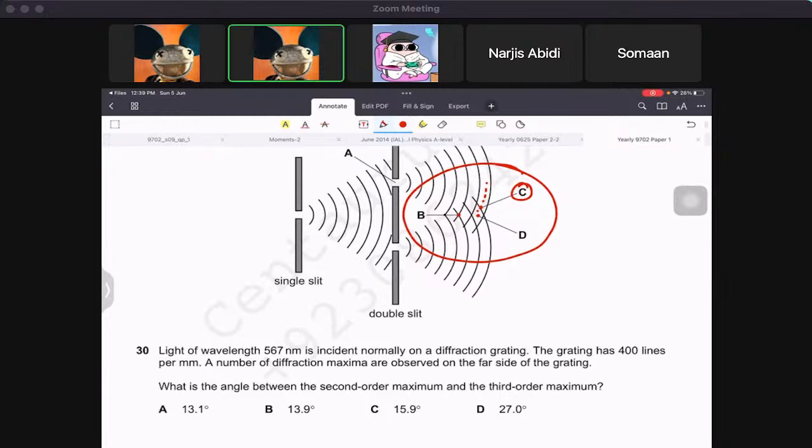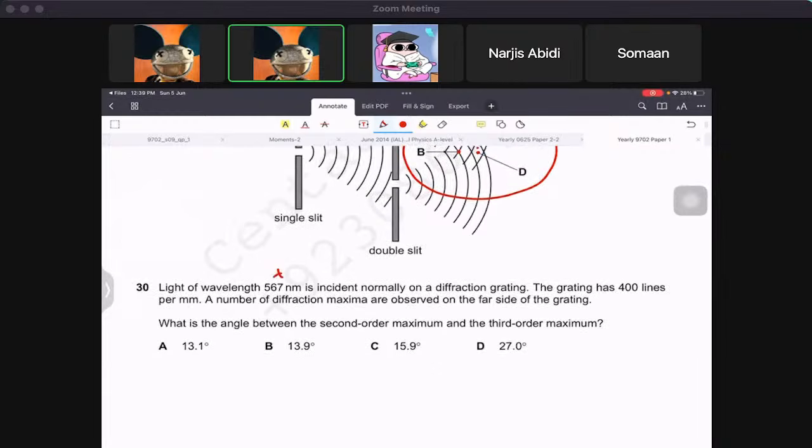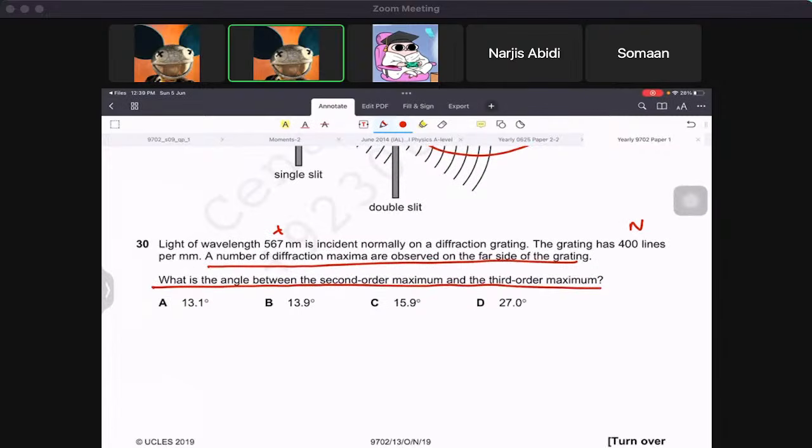Alright, so we have the lambda, we have n, and number of diffraction maximum observed on far side. What is the angle between second order and third order? Okay, fine. So d sine theta equals n lambda. First of all, we'll find d by doing 1 upon 400.